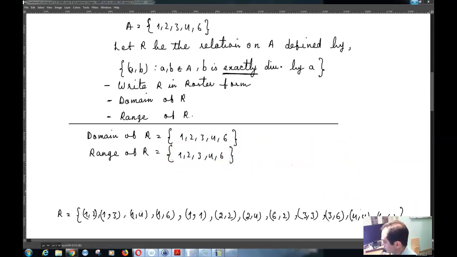That is the range. That's number 5, and this is the right answer.